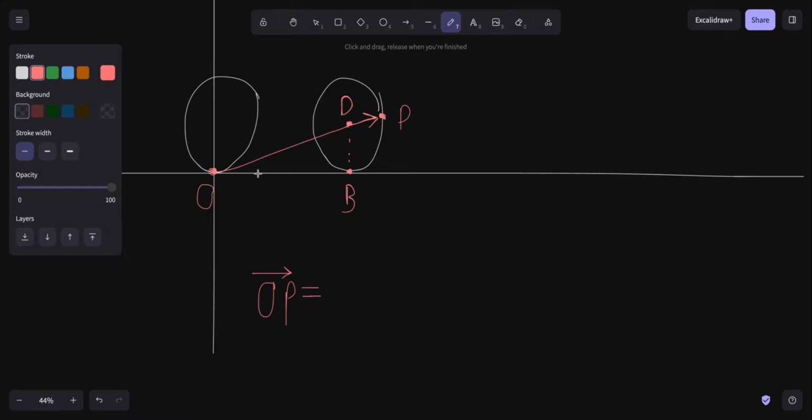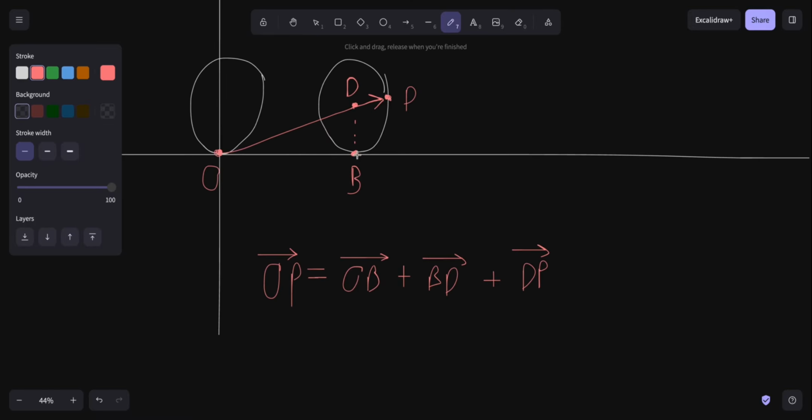Well, then that's just going to be equal to OB, which is the vector from the origin to the bottom of this circle, right? The point where the circle is touching the ground, plus the vector BD, so the vector from the ground all the way up to the center of the circle, plus the vector DP, which is the vector from the center of the circle to the actual point that we're going to be focusing on.